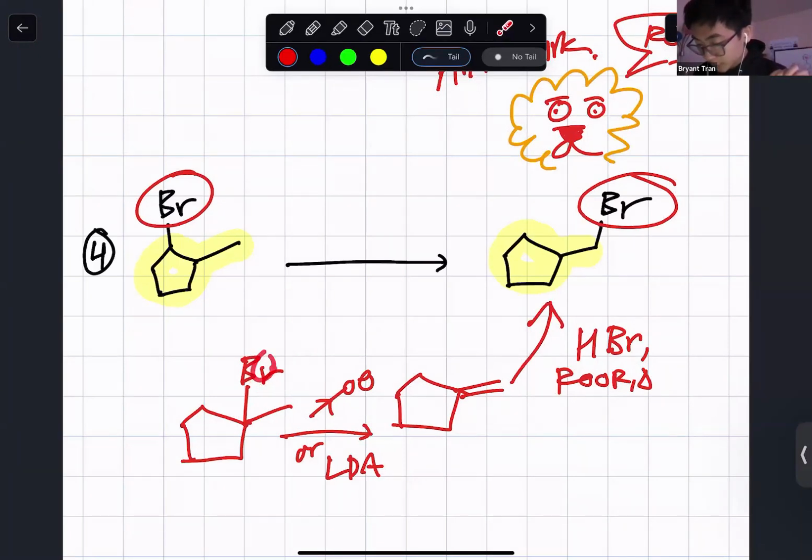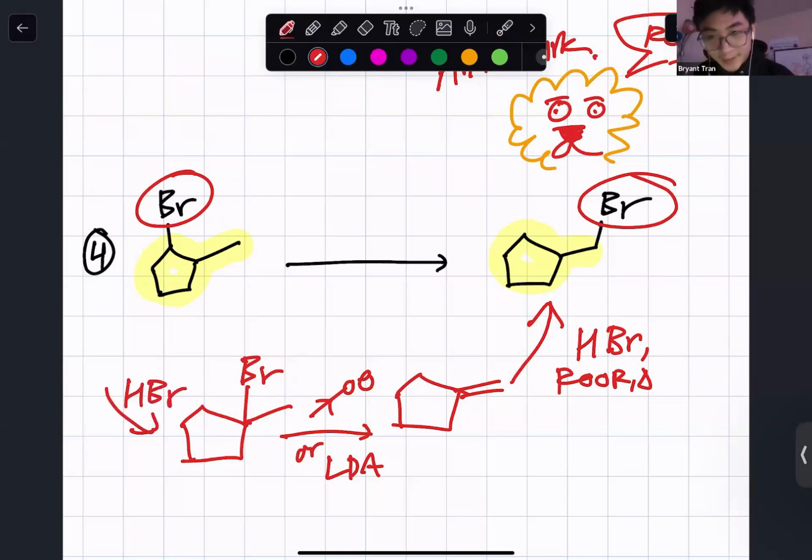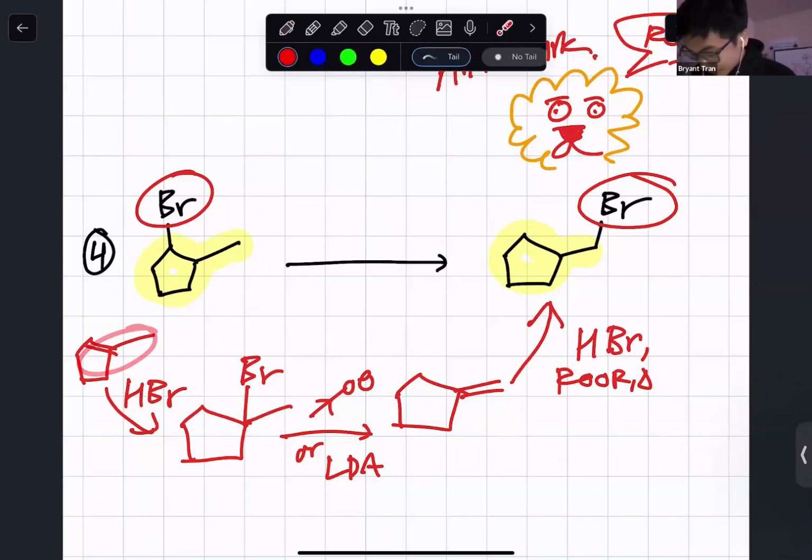We don't have OH or OR on the more sub side. We have a bromine on the more sub side. So going backwards, HBr with that alkene right there. Yes. Nice. Yep. Alkene right here. And when we react this alkene with HBr, we're adding bromine to the more sub side right there. Nice. The mercury one adds alcohol or ether on the more sub side.